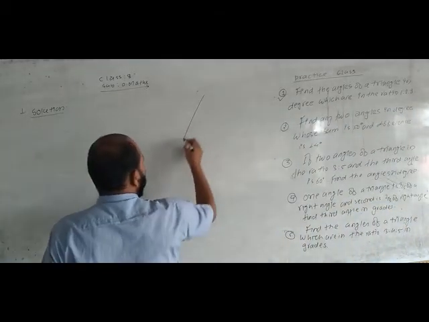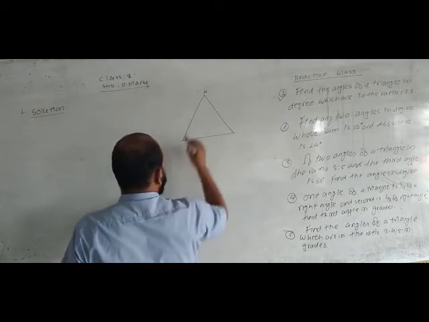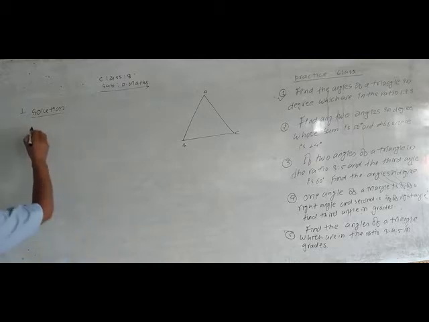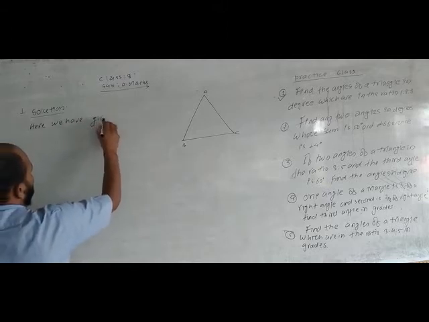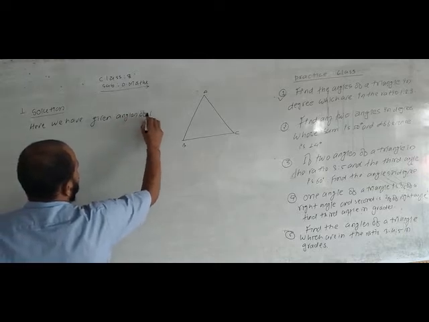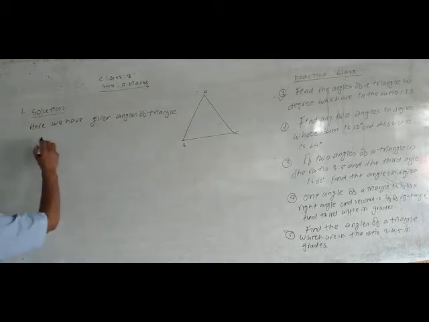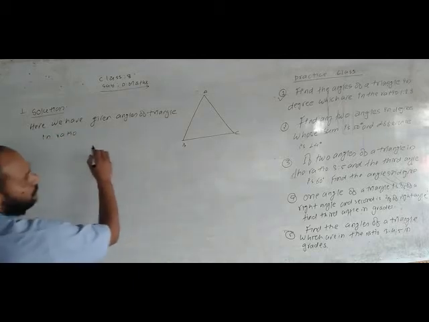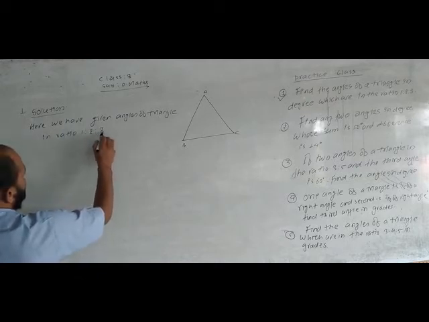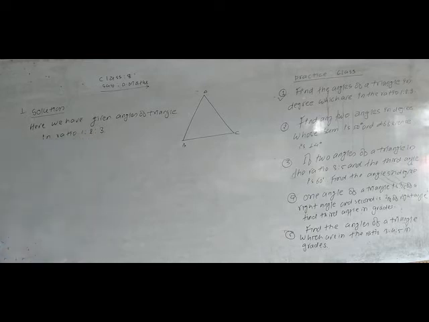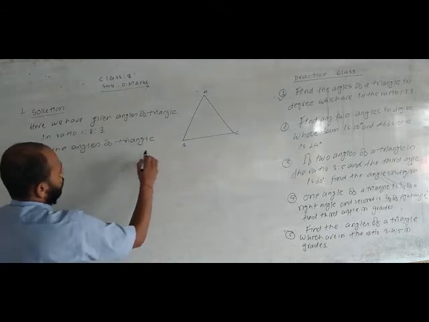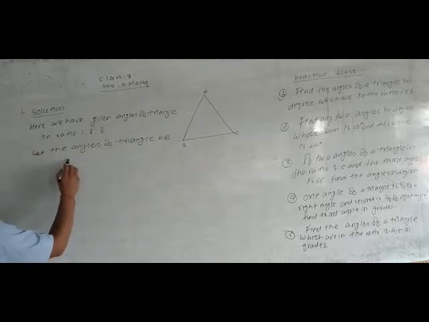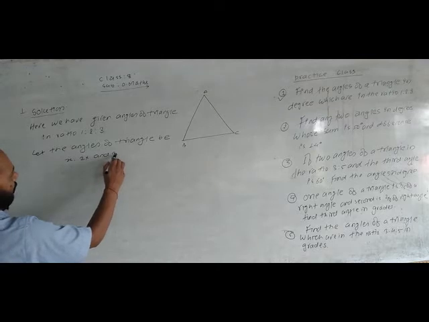Here we have a triangle ABC. The angles of the triangle are given in the ratio 1:2:3.